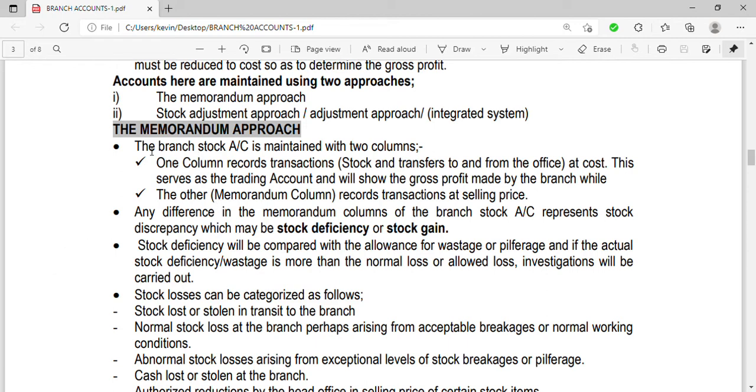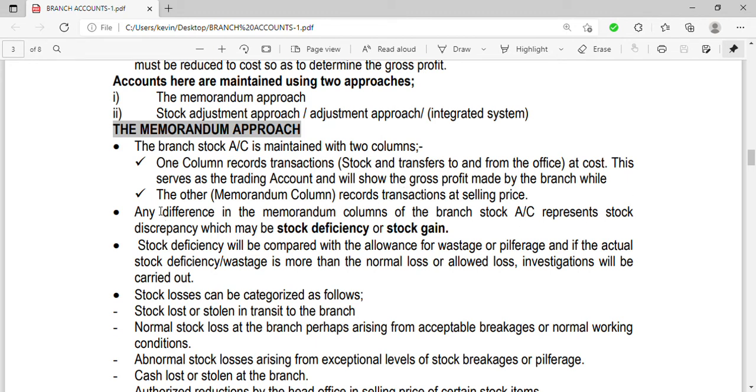Memorandum approach. Here the branch stock account is maintained with two columns. One column records transactions at cost, like stock and transfers to and from the head office at cost. This serves as the trading account and will show the gross profit made by the branch.